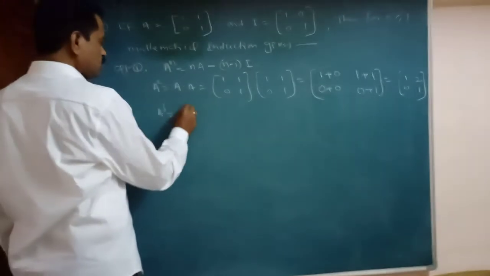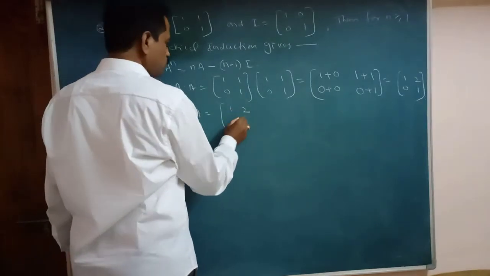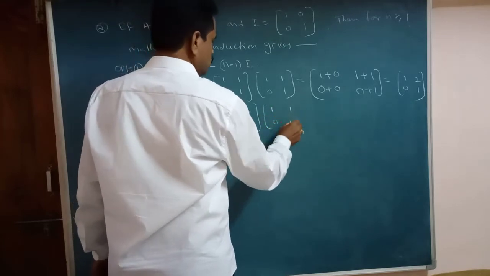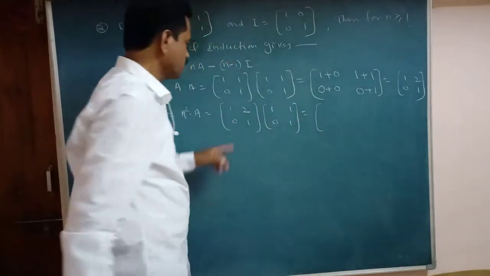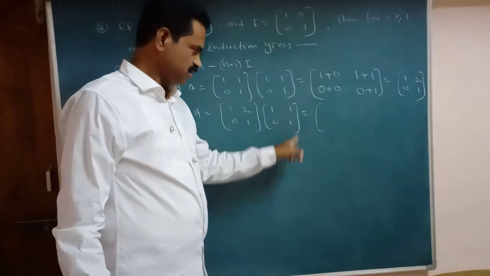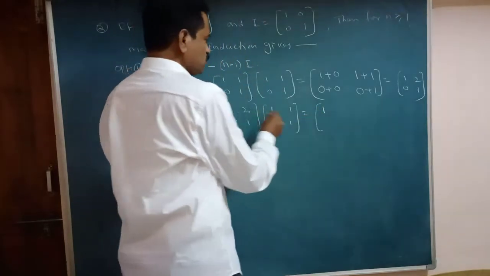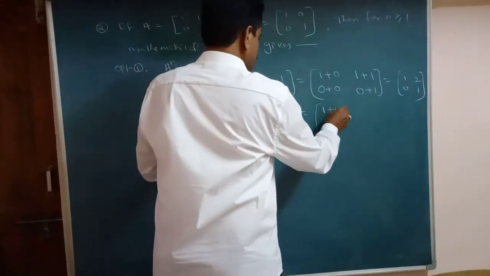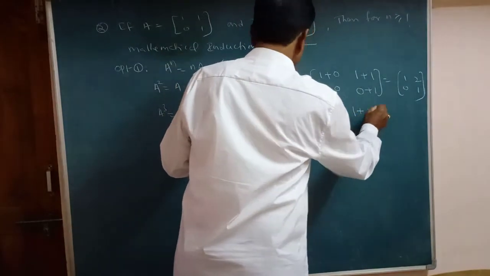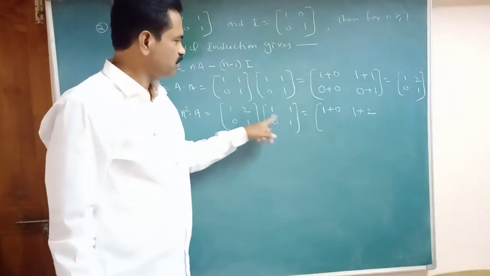A cube we take as A square into A. That is A square, [1, 2; 0, 1], into A, which is [1, 1; 0, 1]. So we multiply here: first row and first column, 1 into 1 is 1, 2 into 0 is 0. Next first row and second column, 1 into 1 is 1, 2 into 1 is 2.